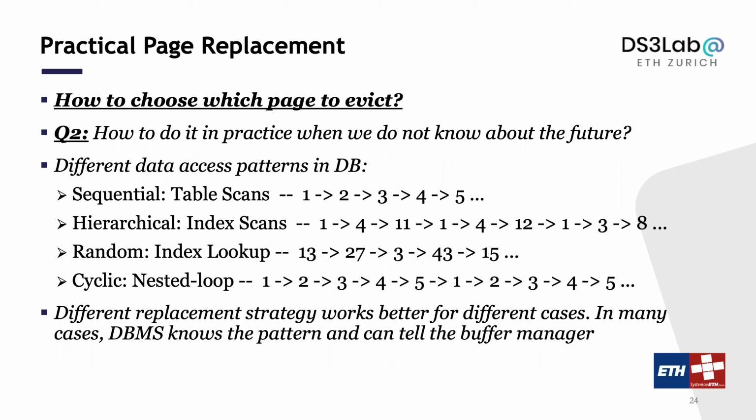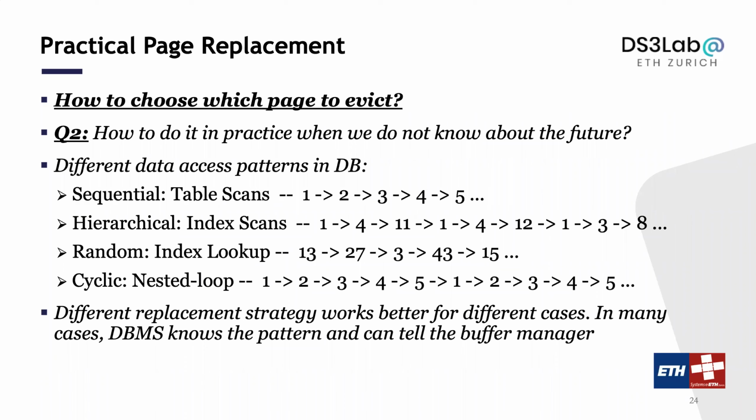And for many queries, the database actually knows the access pattern for this query, and it can tell the buffer manager about that piece of information, and then the buffer manager can pick which strategy to use. And that's a key difference between the buffer of database and the buffer inside operating system. Because when you are building an operating system, you do not have the notion of a query, right?